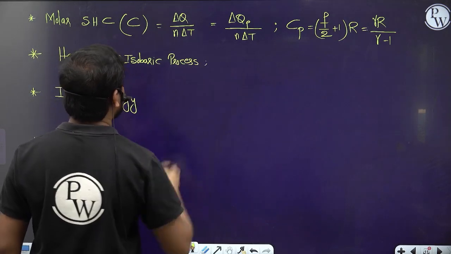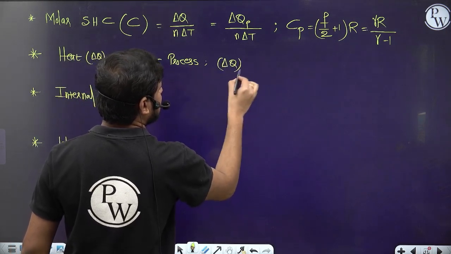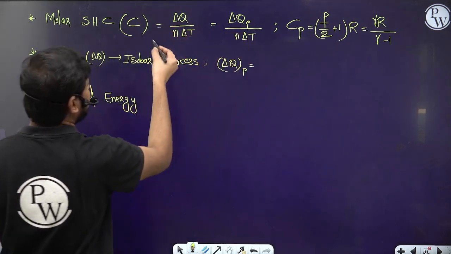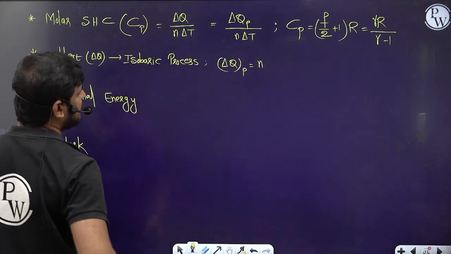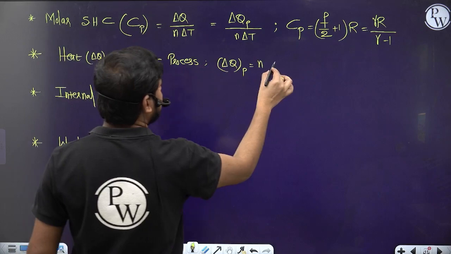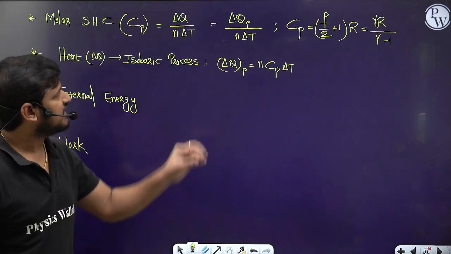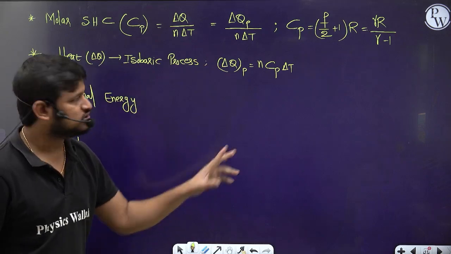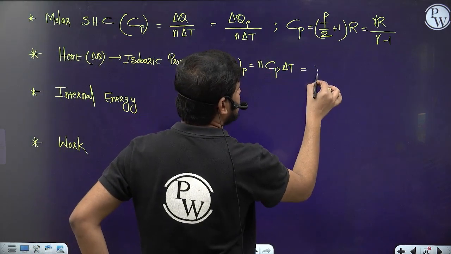So in the isobaric process, delta Qp equals N Cp delta T. Here Cp is the heat capacity in the isobaric process. We are just deriving one from the other. So N into Cp, and what is Cp?